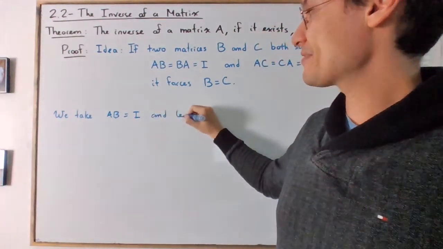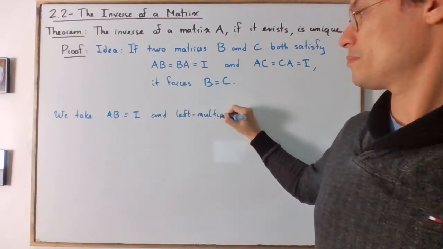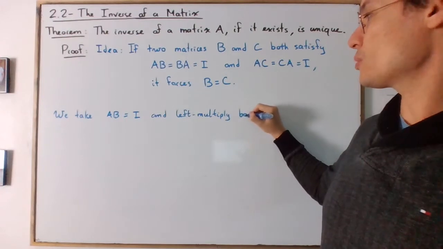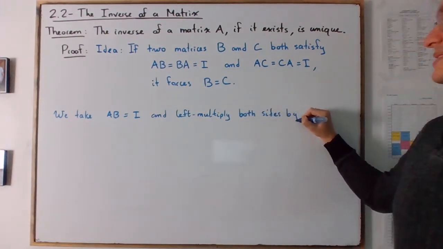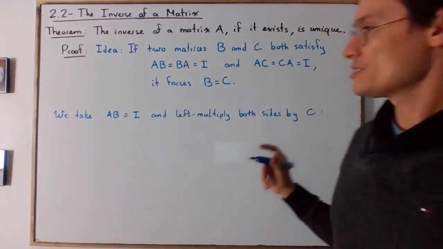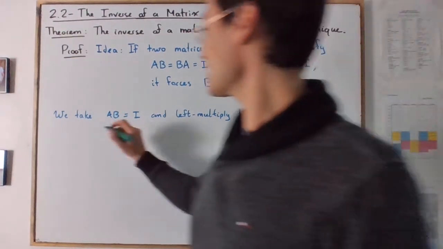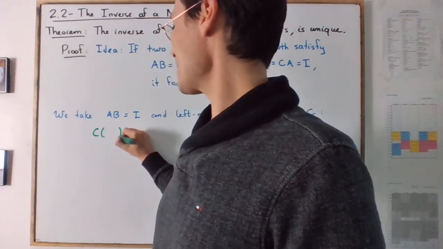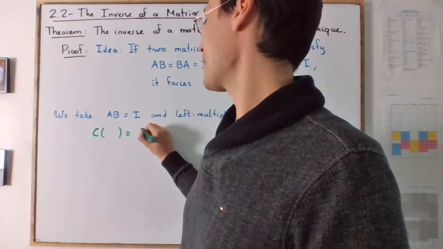So we left multiply both sides by C. If these two matrices are equal, it means certainly that C times AB is equal to C times I.